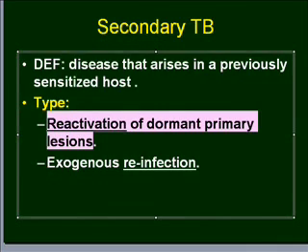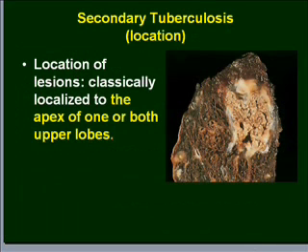So what is the key point in reactivation tuberculosis? In most cases, this tuberculosis is located at the apex of the lungs, because it is the apex of the lung where the tuberculous bacilli are located. And why the apex of the lung? Yes, anybody can answer? Yes, you are right.